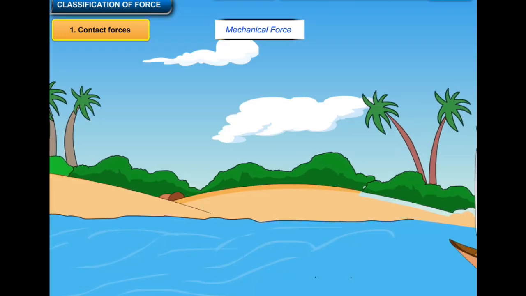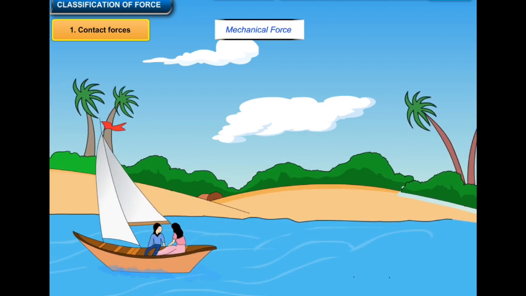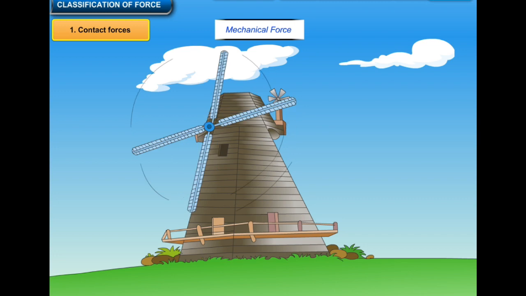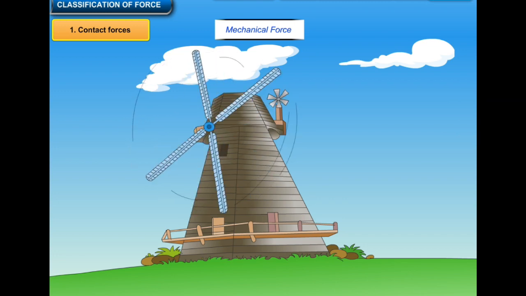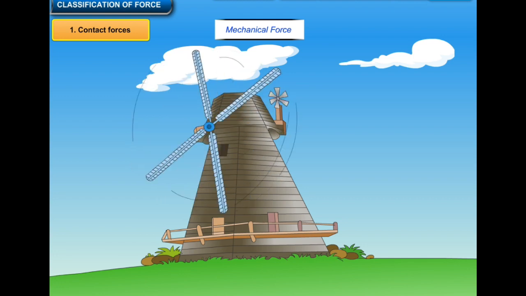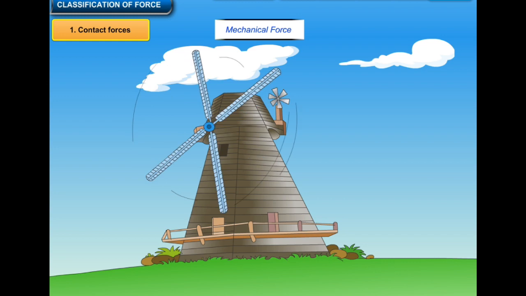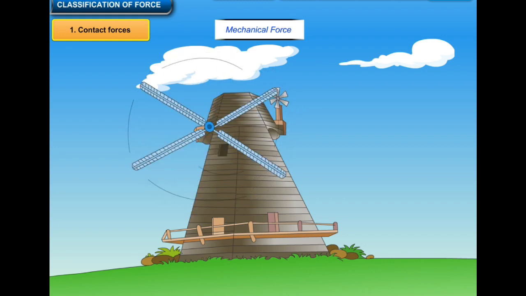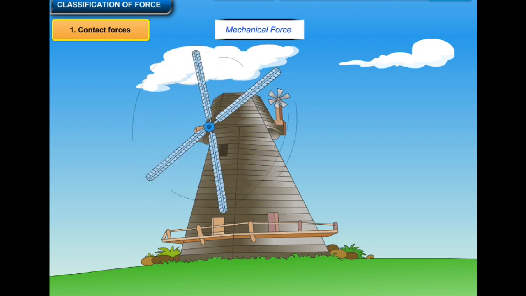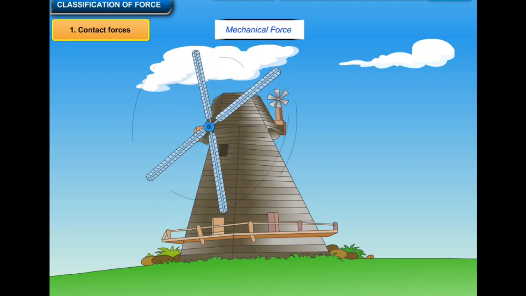Sailboats use the energy of wind to produce mechanical force, which propels the boats. A windmill also uses the energy of wind to produce mechanical force, which rotates the blades of the windmill, which run the electric generators to produce electricity. A sailboat, a windmill.